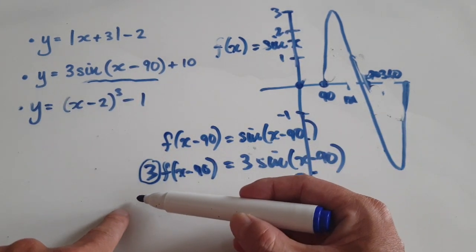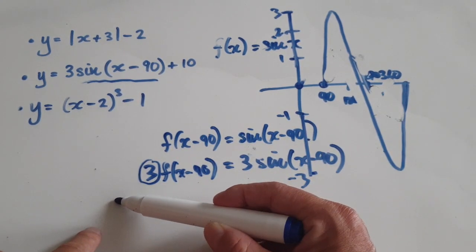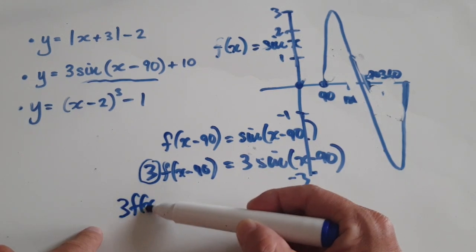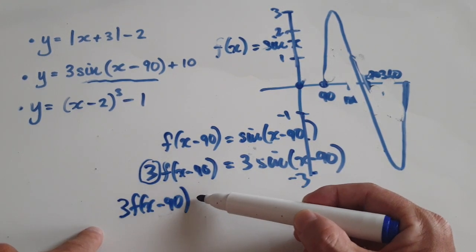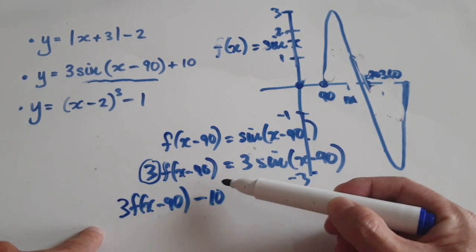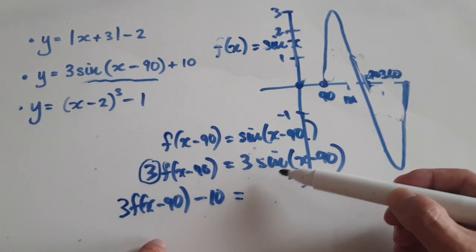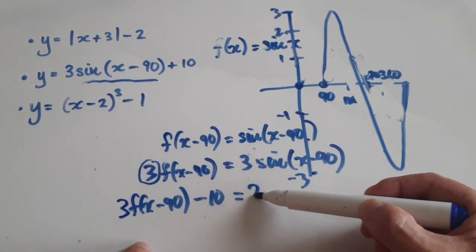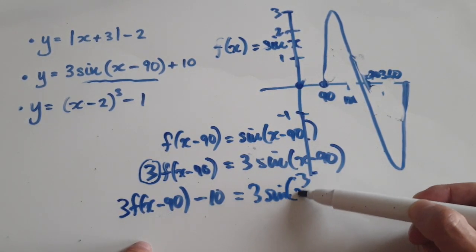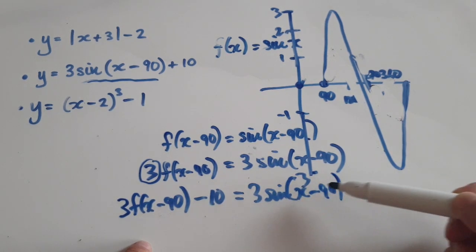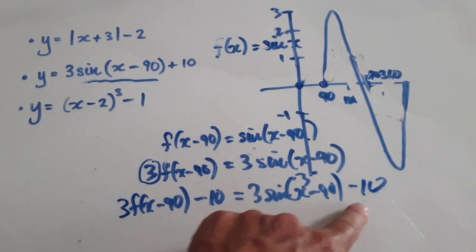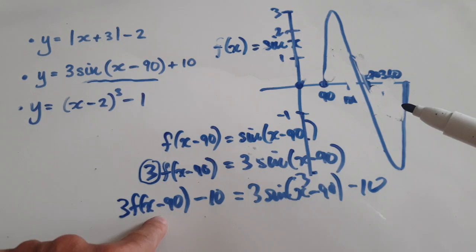So the previous function, 3 f of x minus 90, drag it down by 10. So that will then give us the previous function, 3 sine x minus 90, drag it down by 10. We have no idea what this looks like, but we do understand this transformation.